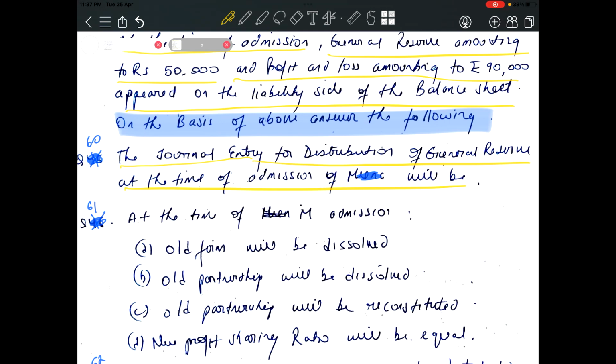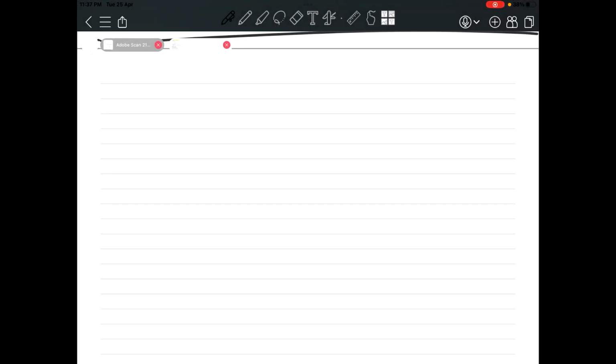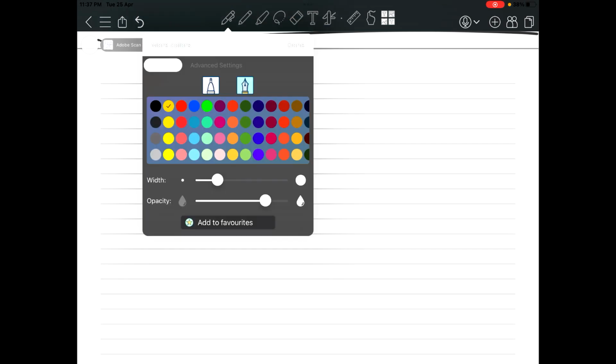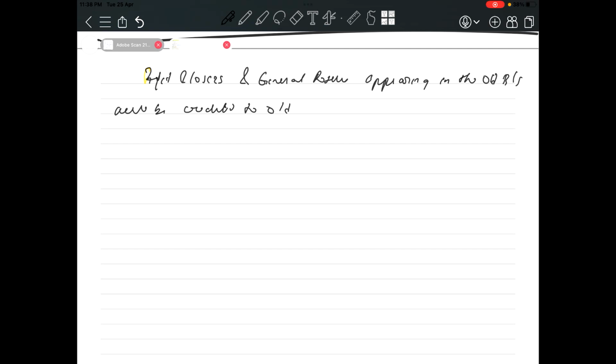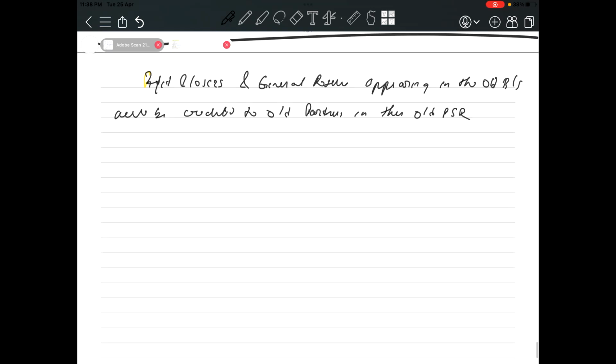Now before that, let's see that the reserves, the profit and losses and general reserve appearing in the old balance sheet will be credited to old partners in their old PSR, right? We know this, right?